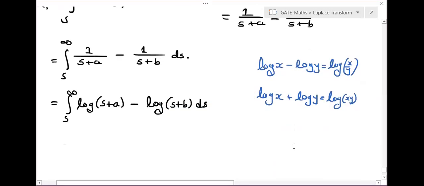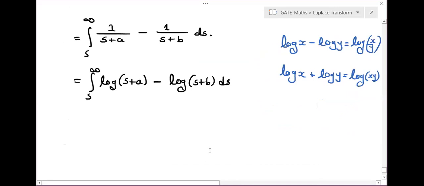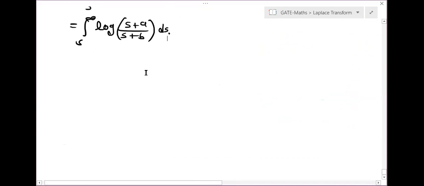Okay, so log x minus log y is log x by y, and log x plus log y is log x into y. Now, same over here. This is integral s to infinity log s plus a by s plus b ds. Now understand here carefully, see the magic over here.